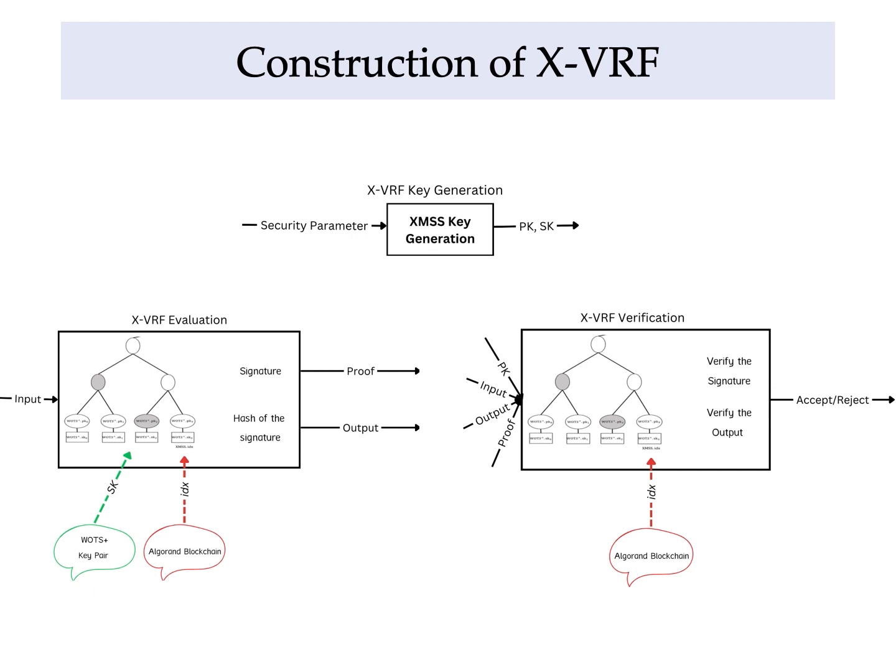So these are the algorithms of X-VRF. Key generation is mainly just XMSS key generation. We obtain a public key and secret key. As I said, X-VRF is constructed based on XMSS. In evaluation, we have the input, and also we have the secret key of this WOTS+ signature scheme, or our XMSS signature scheme. And also we have an index from the Algorand blockchain.